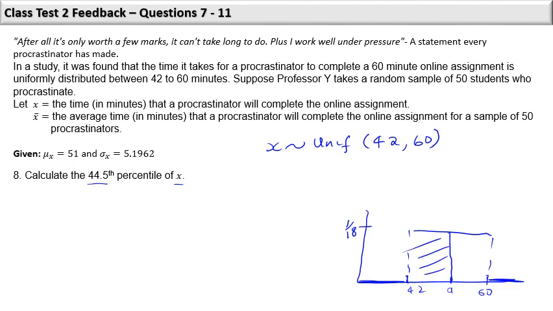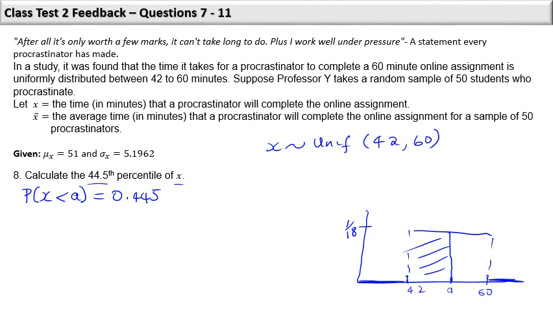So let's write it in a probability statement. What we mean is the probability that X will be less than that value A is 0.445. Now the quick question is, how would I have calculated this? This is a probability and it's uniform.